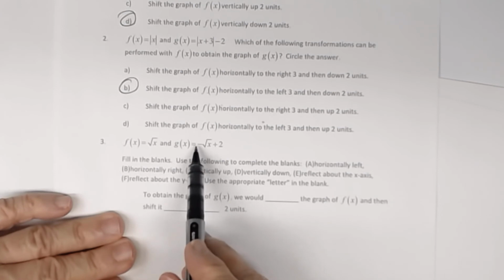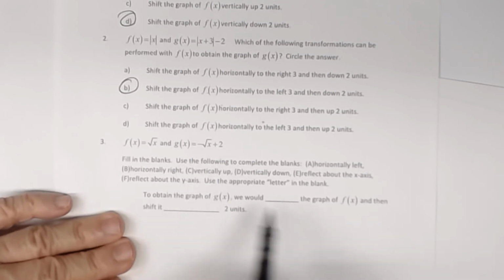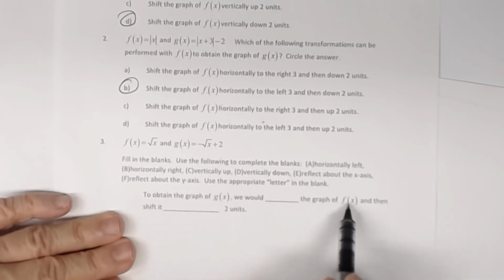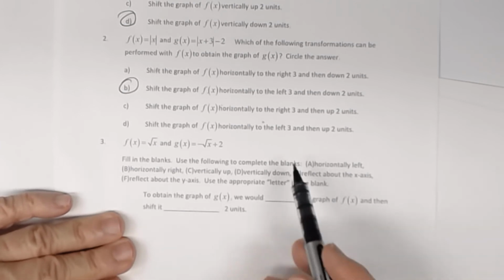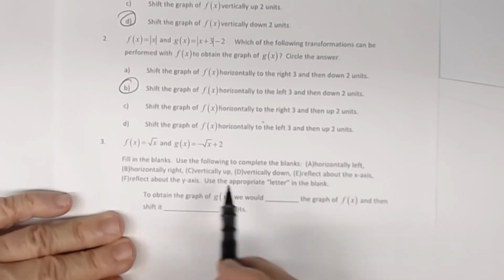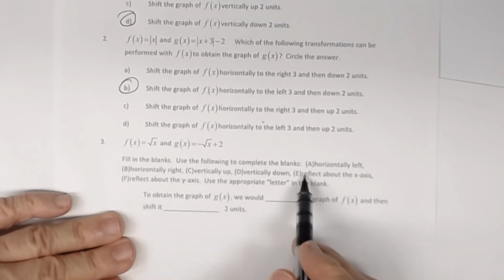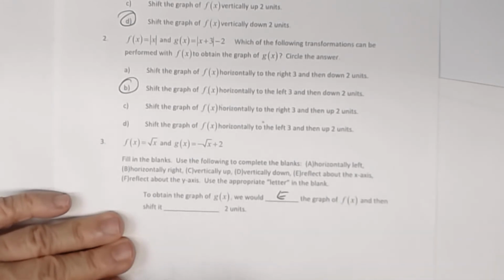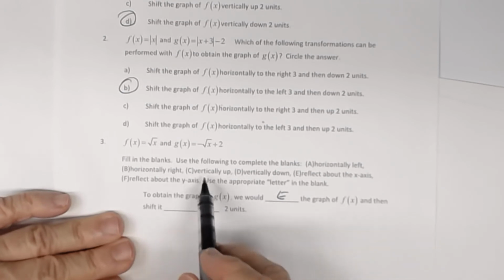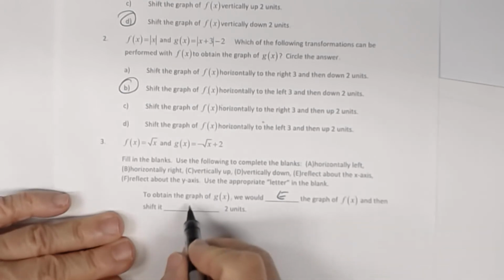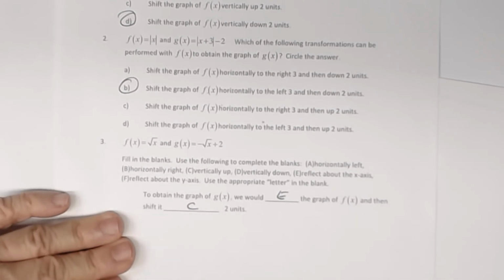So we would reflect the graph of f of x about the x-axis, that's E. Then we would shift it vertically up 2 units, that's letter C. So the answer is E and C for that one.